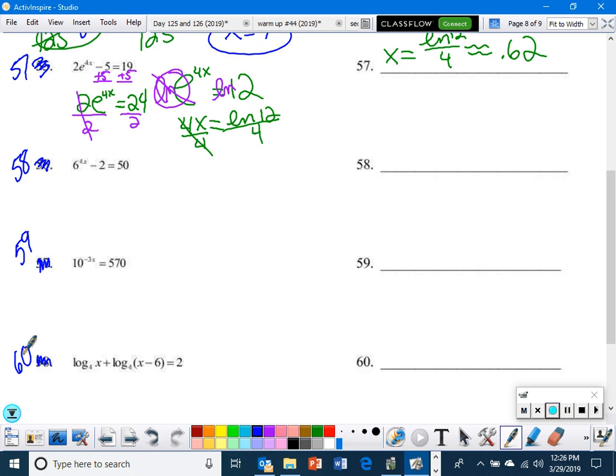Okay, the next one, number 58. So step 1, we're going to get rid of the minus 2. Okay, now we're going to get rid of the base of 6. So again, limited with space, we're going to do this.